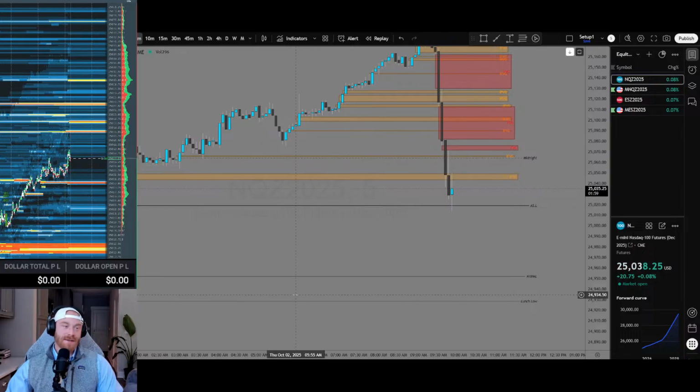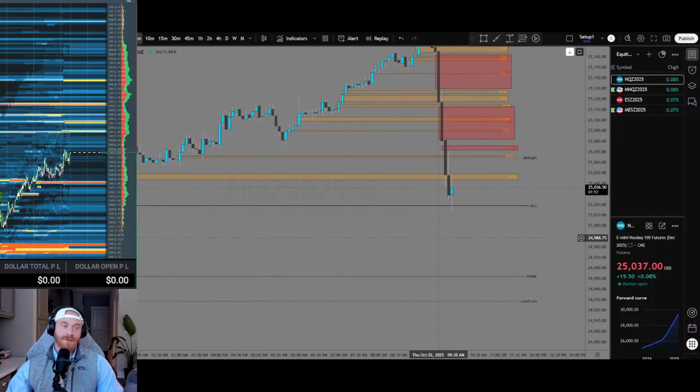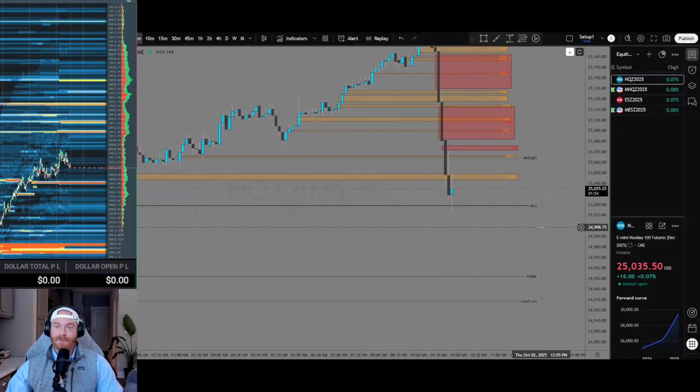Bunch of buy orders stacked up down at 0.11, 25, 0.11.